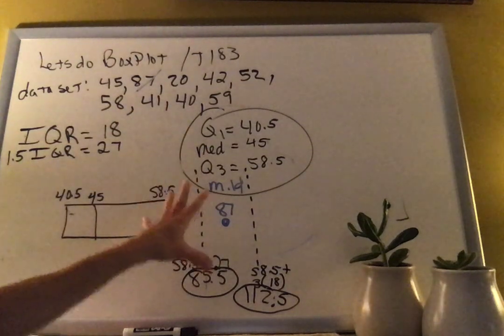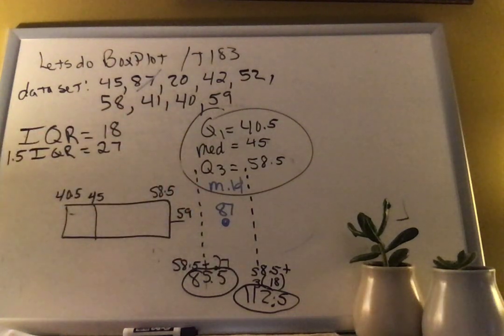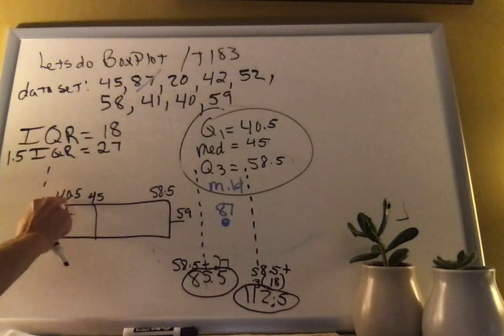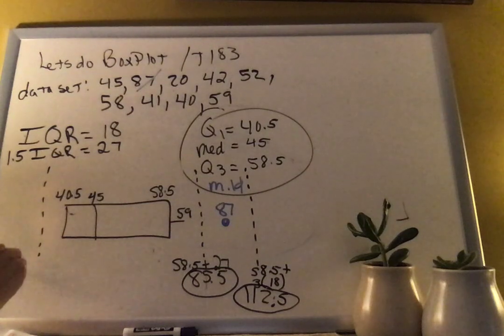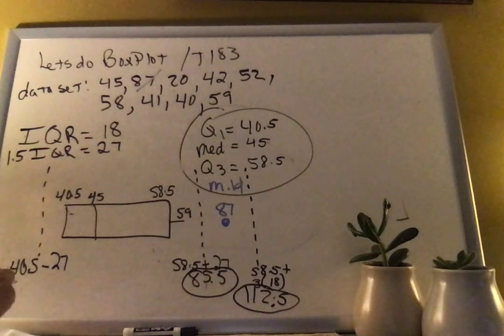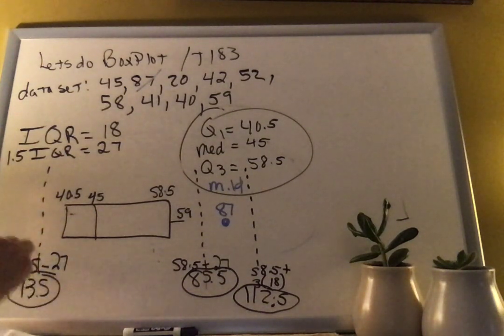Most of the work usually occurs up here, but let's see if we have some stuff on the low side, because you might have low outliers. Got to do that first fence. This one is Q1 minus 1.5 IQR. So this fence, again, not the space in between, this is the actual fence, 13.5. Do we have any data points smaller than 13.5? No, we don't.